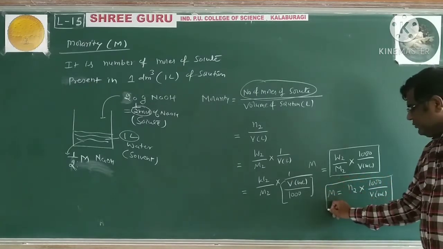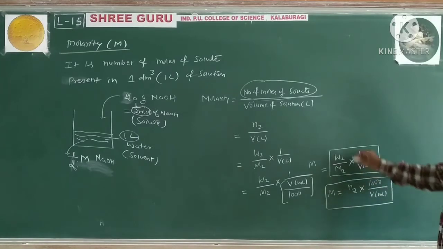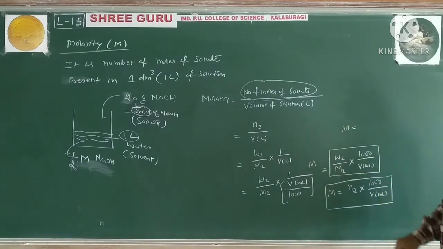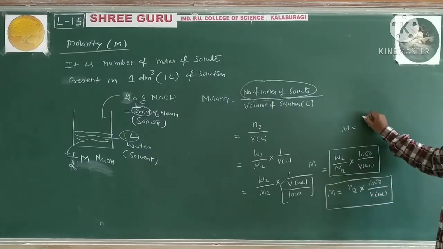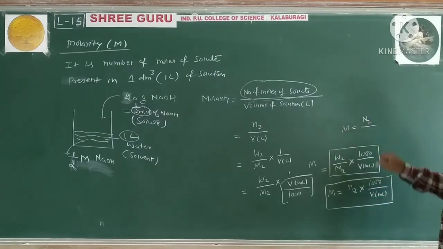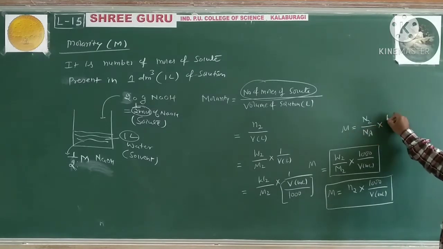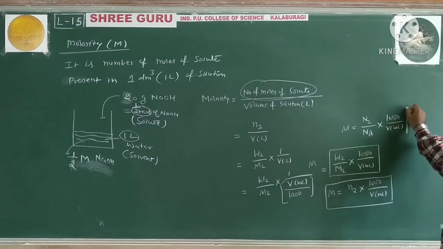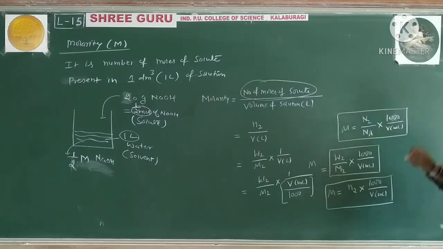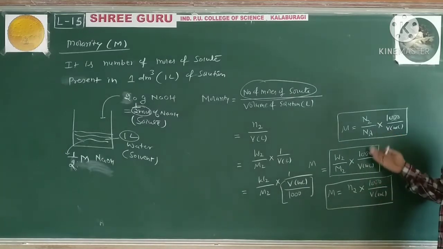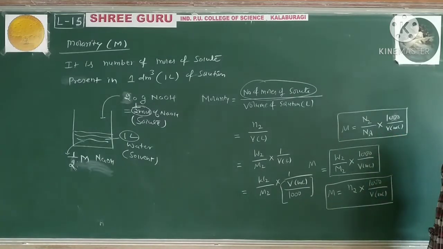In this way also we can write, or we can write molarity is equal to, this number of moles can be written as number of molecules of the solute divided by Avogadro number, times 1000 divided by volume of solution in milliliter. These are the different ways to express this formula.